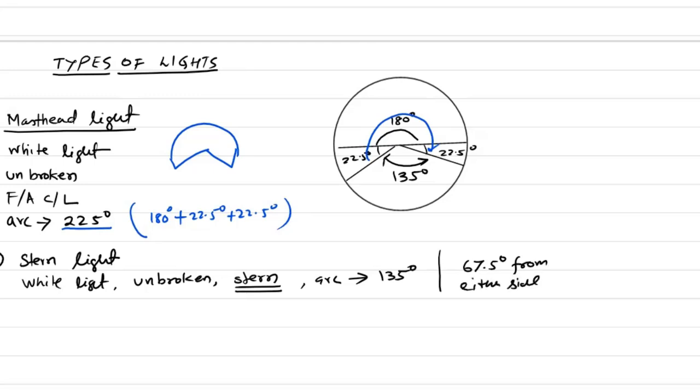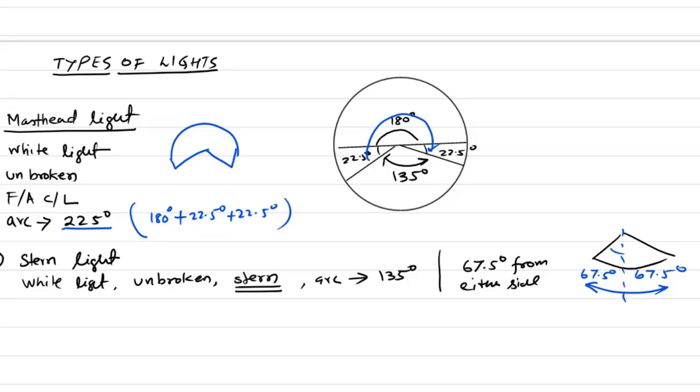So basically it is like this. And if you see from either side, then this arc 67.5 degree, 67.5 degree, the total makes 135 degree. Is it clear now? Yes, sir. Give me a reaction so that I know.